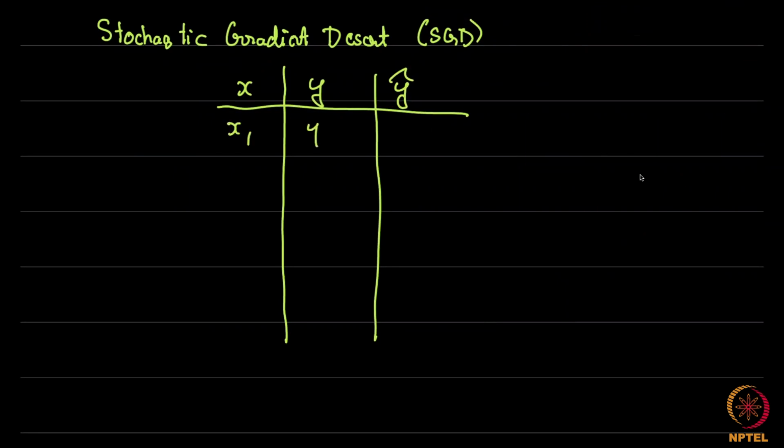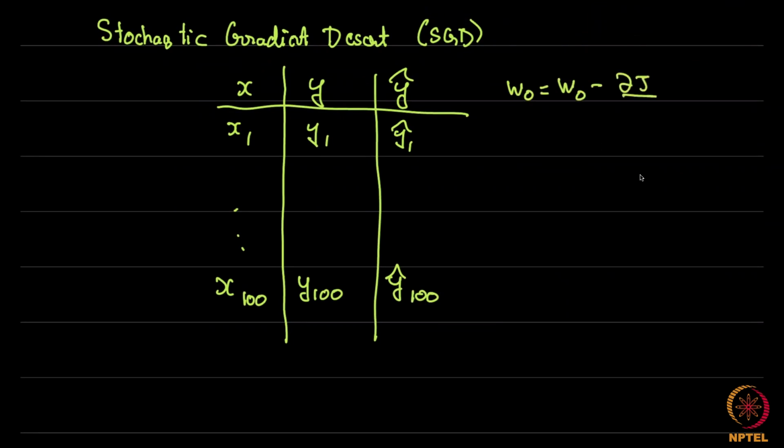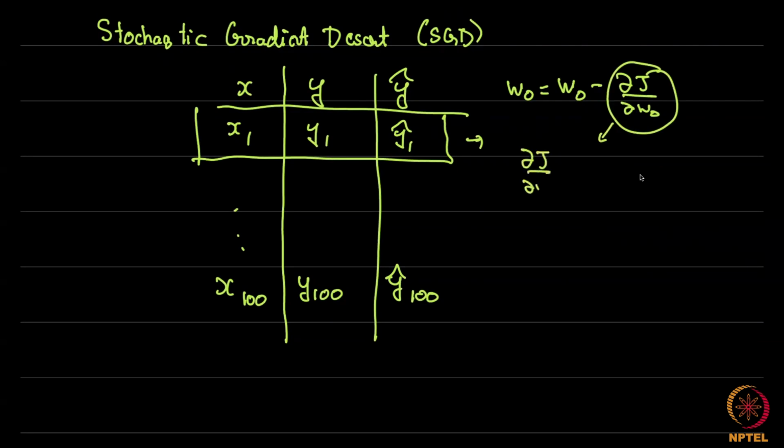Let's say we have X1, Y1, Y hat 1, up till X100, Y100, and Y hat 100. Now, when we do W0 equal to W0 minus del J del W0, we take only one data point for this calculation.